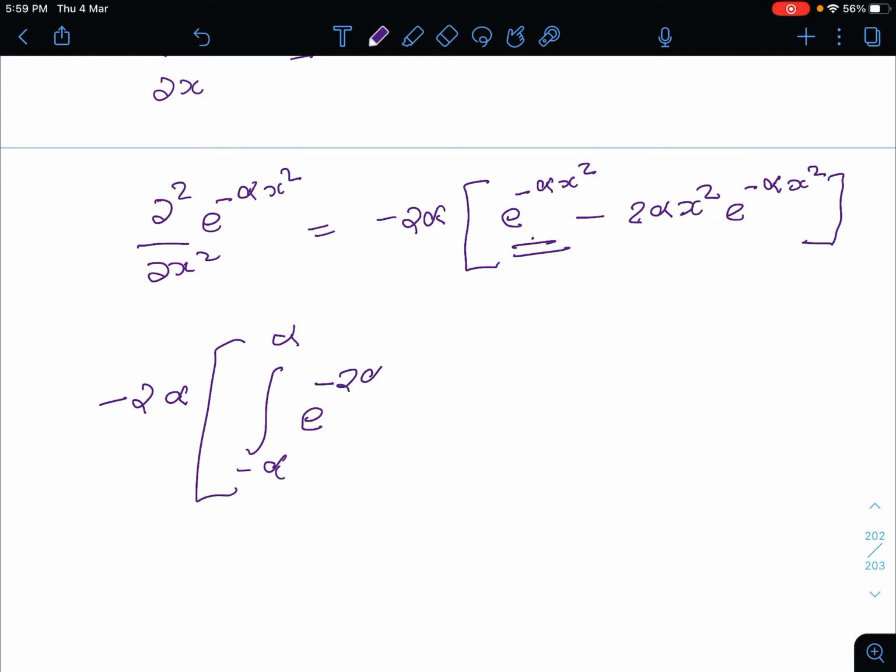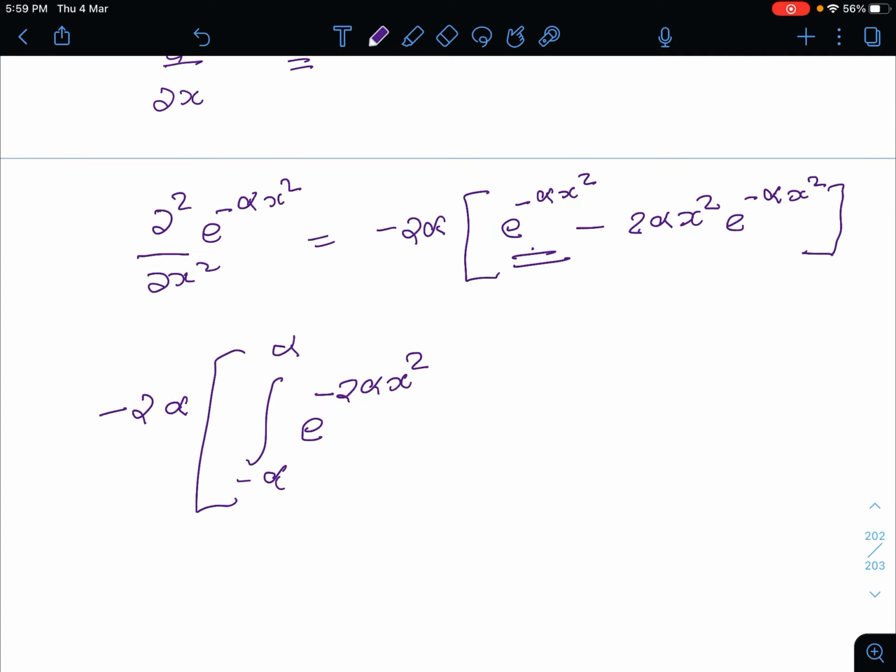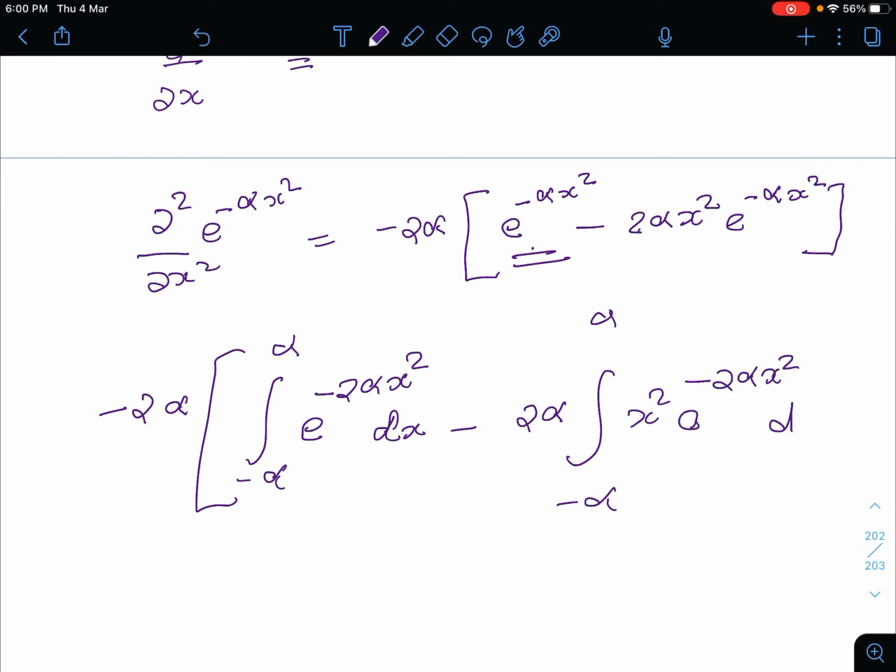So 2 alpha x square, good, dx, minus again 2 alpha integral minus infinity to plus infinity x square e raised to minus 2 alpha x square dx. Good.